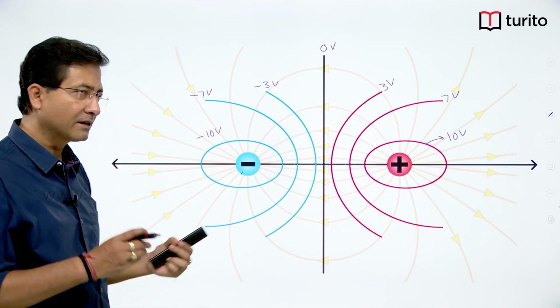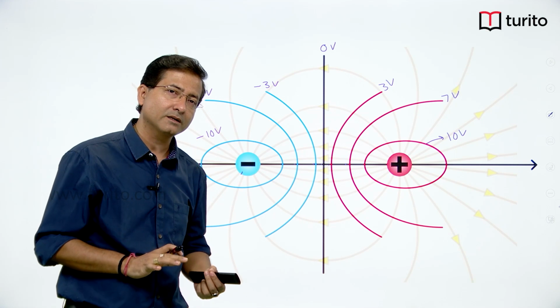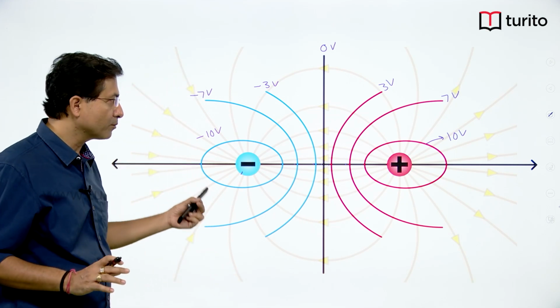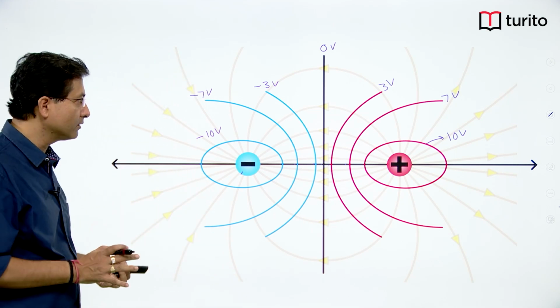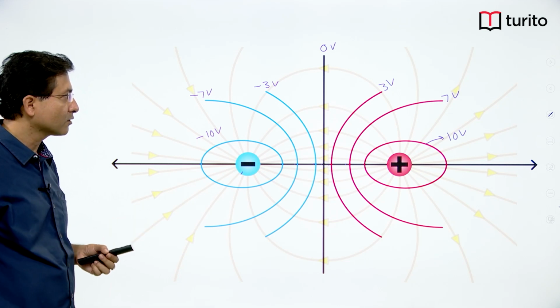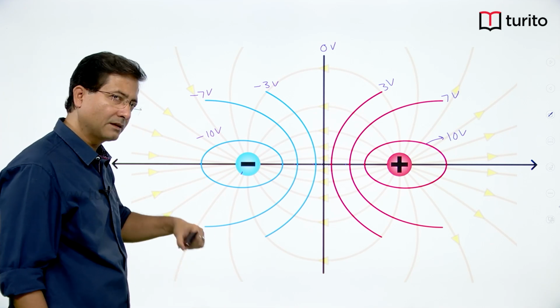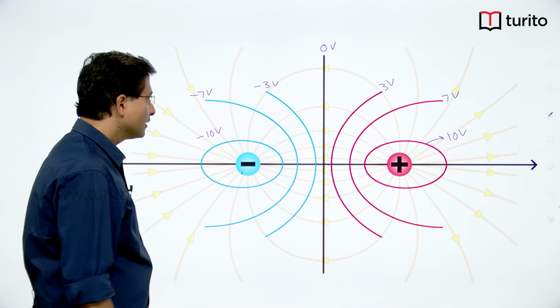So we have taken two positive charges and drawn equipotential lines in space, and one positive, one negative, and drawn equipotential lines in space, right. So the equipotential line concept is clear. You can see some points here that I will be discussing later.